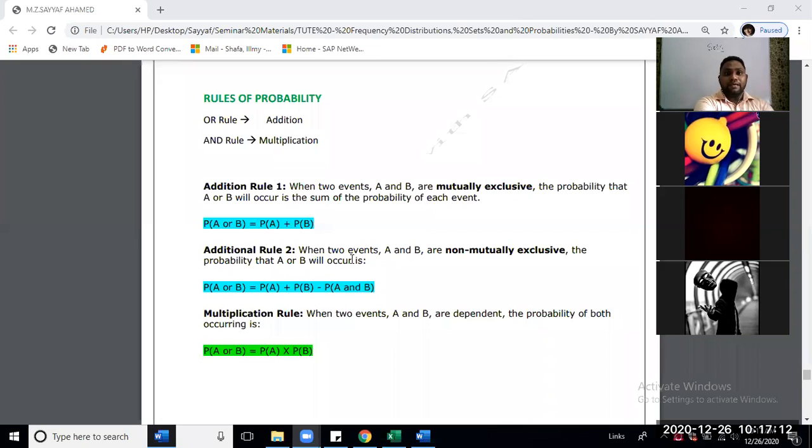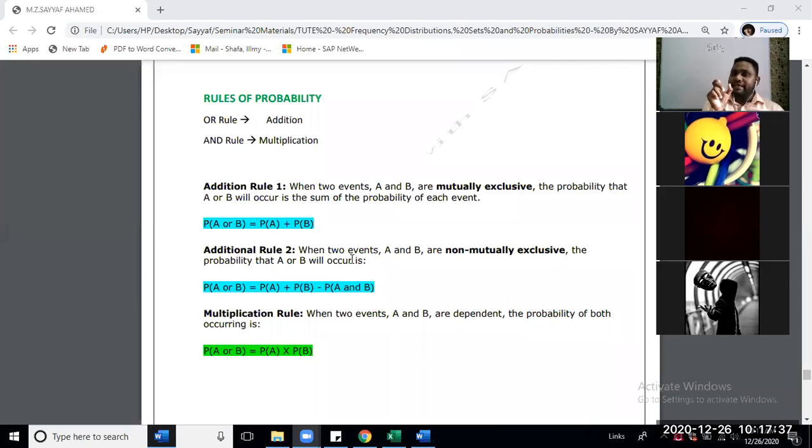There will be a word called OR, A or B, X or Y, blue or black. At the same time, there will be a word called AND, red and blue, A and B. Depending on that particular word, OR or AND, by combining two events, the rule will change.